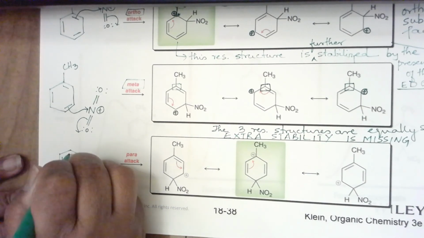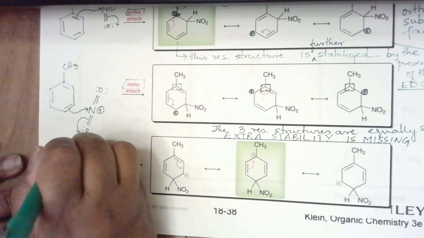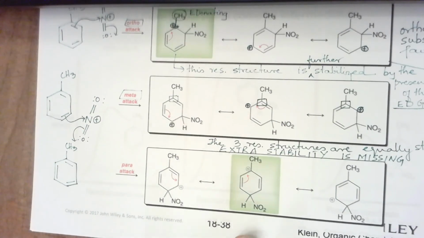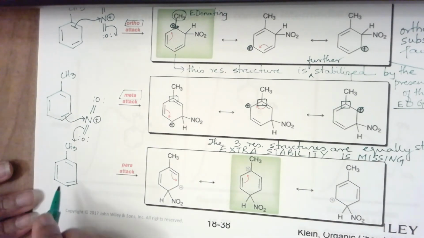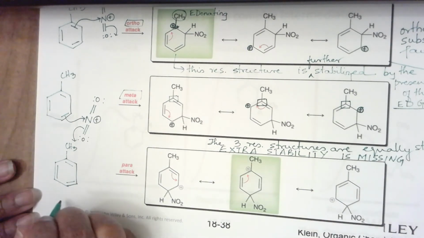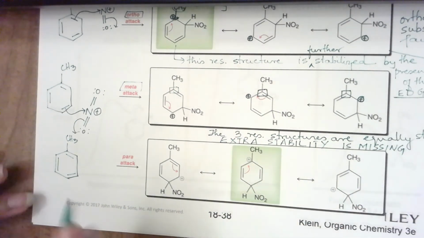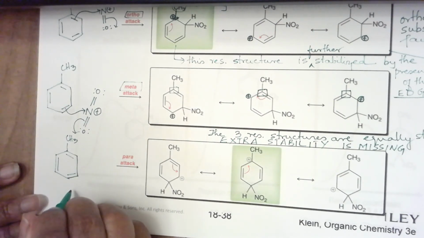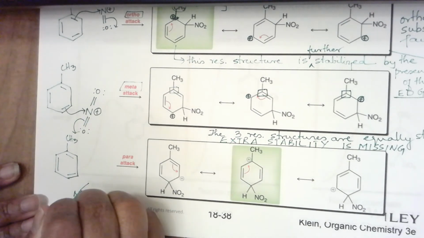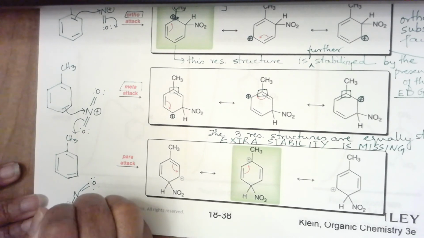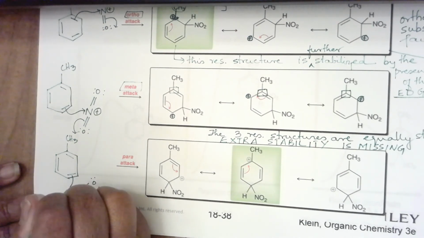The last one is the para position, and it's similar to the first case, the ortho attack. So now you've used up the first 3 bonds for drawing the first 2 sets of resonance structures. So you see where I'm going now. I'm going to use this.